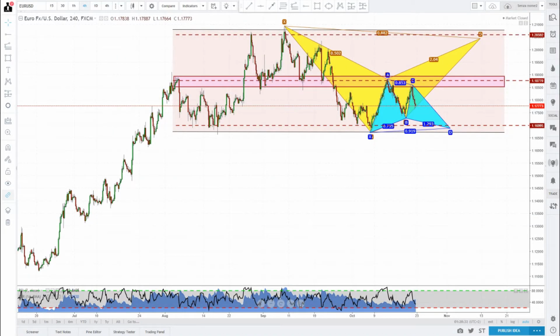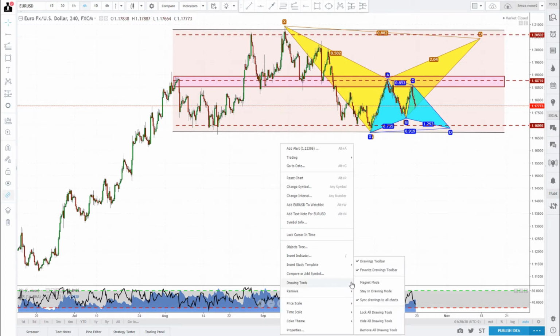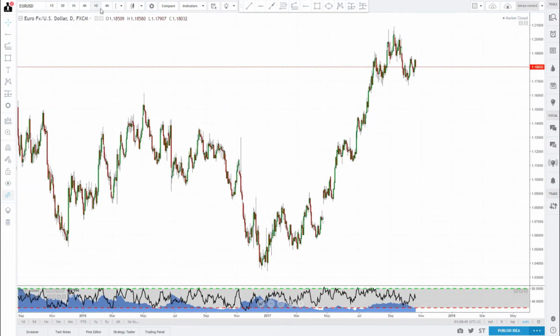Okay guys, to explain it better, I think we need to remove all the drawings that I have here. Let's go back on the daily. We talked a lot about Euro-Dollar in the past videos because it is obviously very interesting, being the most traded pair, and you see that at this moment we are consolidating around a price level that goes from 1.17 to 1.20/21.